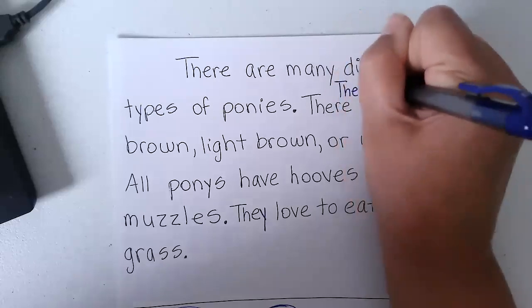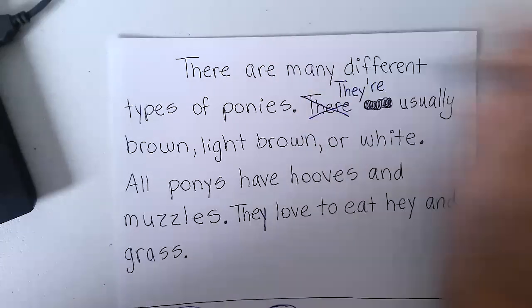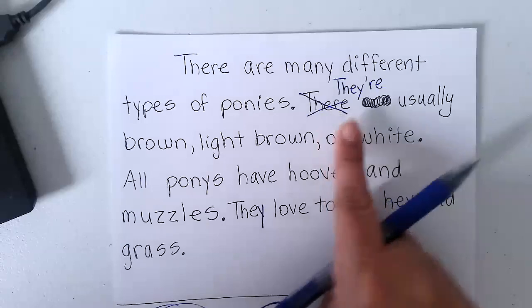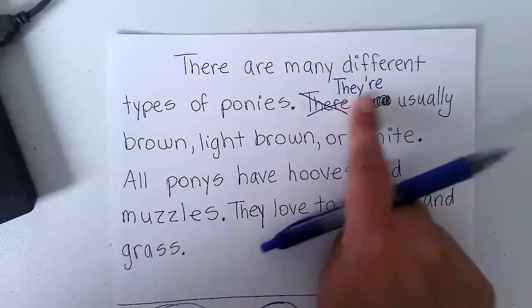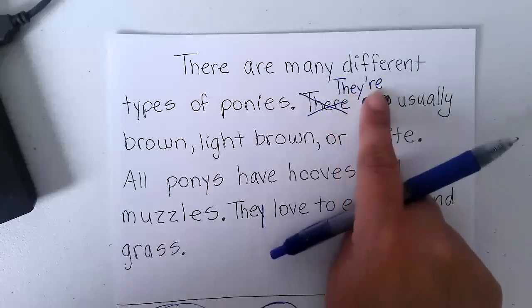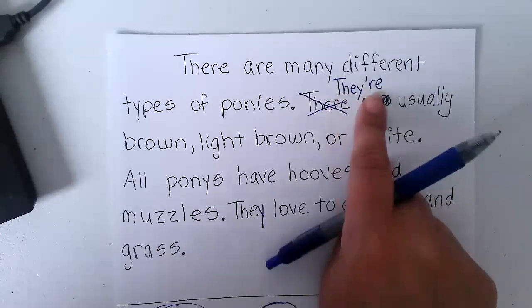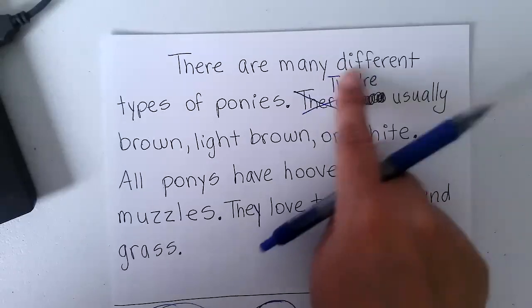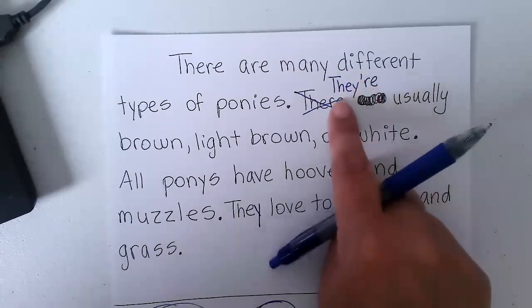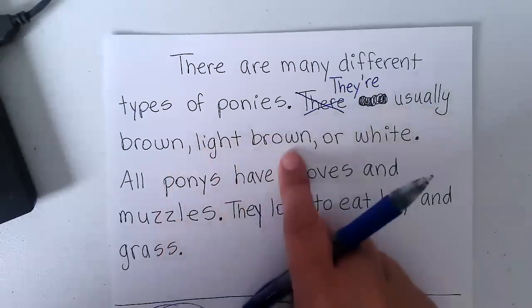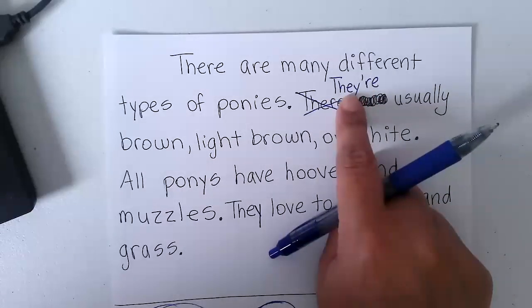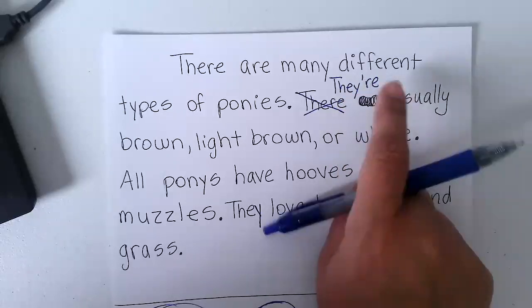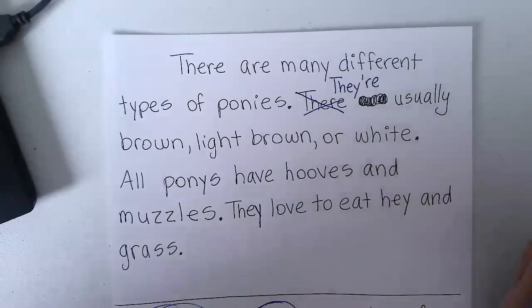So this one should look like this. This there means location over there. The store is over there. I'm pointing over there. This there means they are. If you could substitute they are, that means you need this there with the apostrophe re. They're usually brown, light brown, or white. So this there should be THEY apostrophe re.